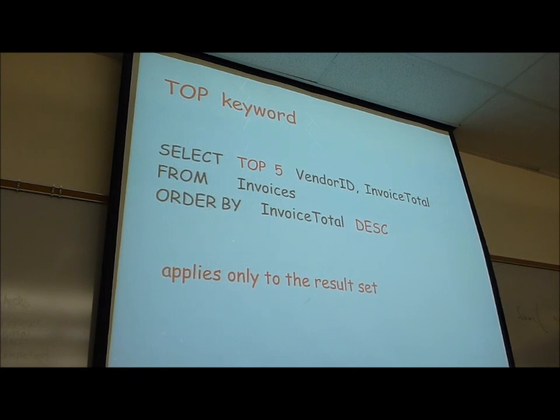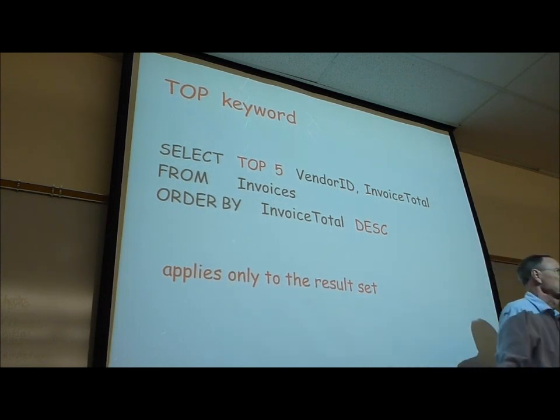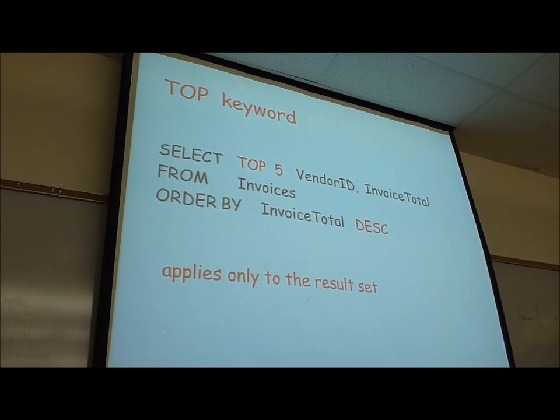And again, the top 5 here applies to the result set. So invariably, when you work with the top 5, if I don't do any sort of anything, I'm going to get the 5 top records that were in the order in which they were inserted into the table. That's not probably what you want.